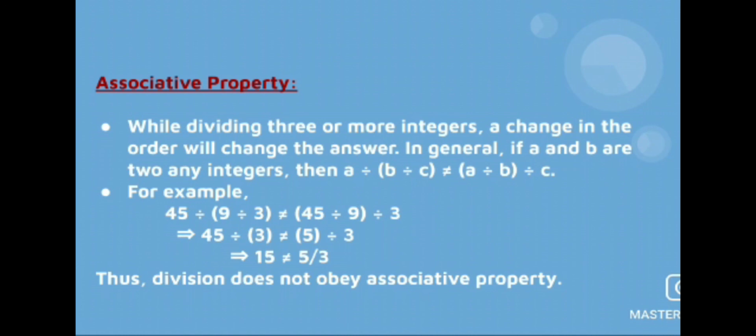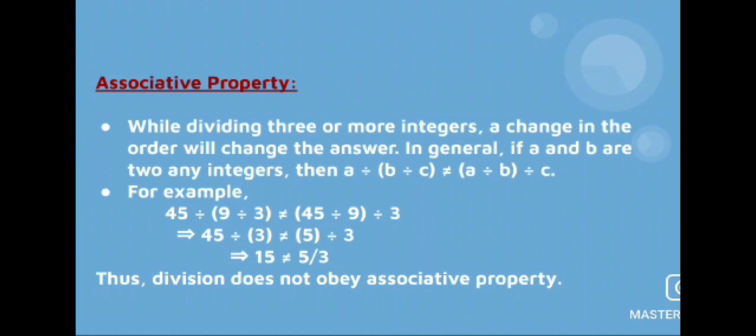For example, (45 divided by 9) divided by 3 is not equal to 45 divided by (9 divided by 3). First, let us solve what they have given in the bracket. So 9 by 3, that is 3. Then 45 divided by 3 is equal to 15.